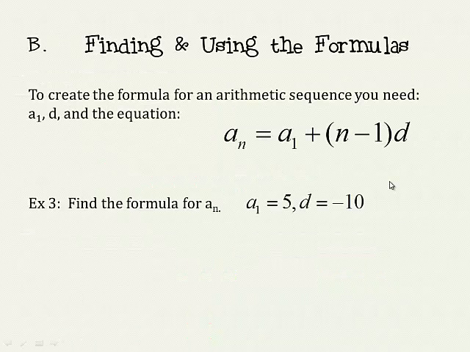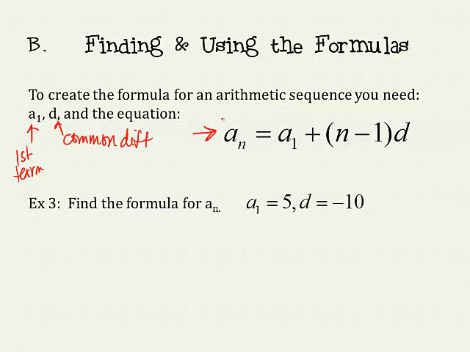All right, so another type of thing they will ask you is how to find the formula for the sequence and how to use that formula for solving. So here's what you need to know. To create the formula for an arithmetic sequence, you need a1, which is the first term in the sequence, and d, the common difference. Remember, we've talked about this already.